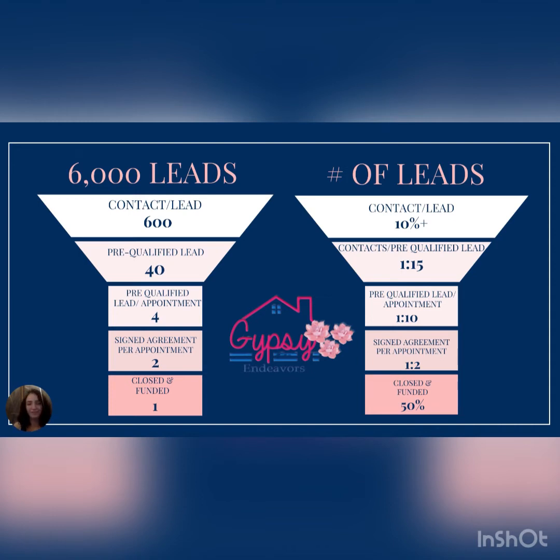We need 40. Why do we need 40 pre-qualified leads? Because we know there's another conversion between pre-qualified leads and when we actually make the appointment and close the offer, okay? So out of our 40 pre-qualified leads, we're absolutely going to submit an offer on all 40 of those leads, okay? On all 40 of those leads.